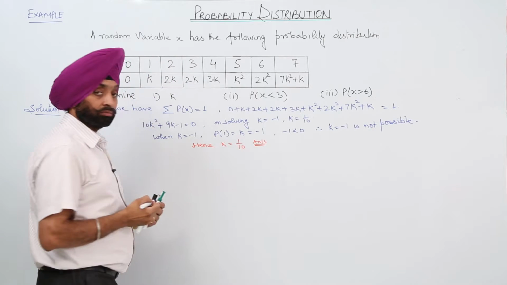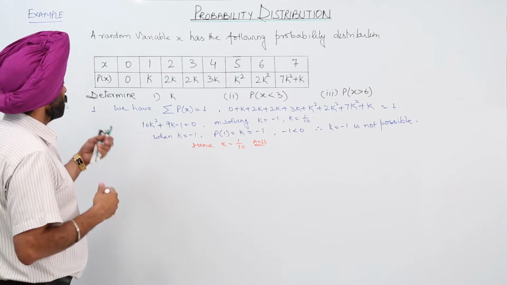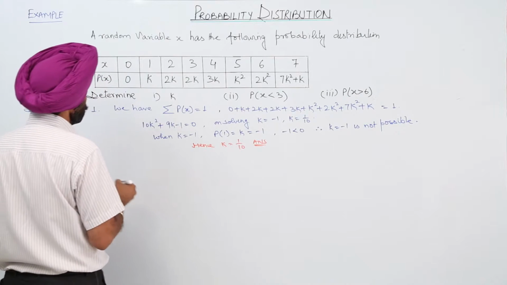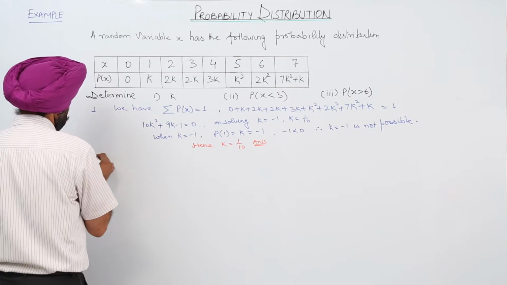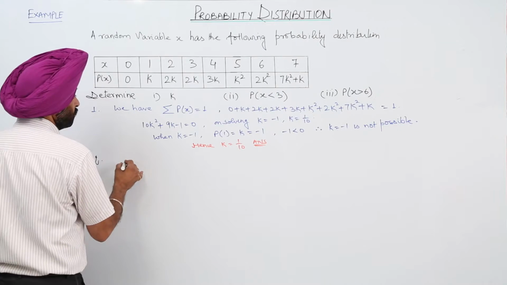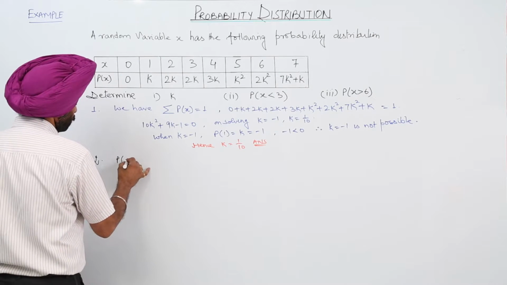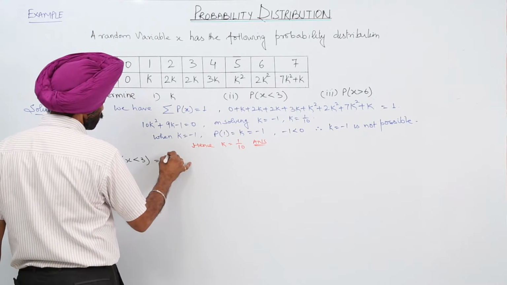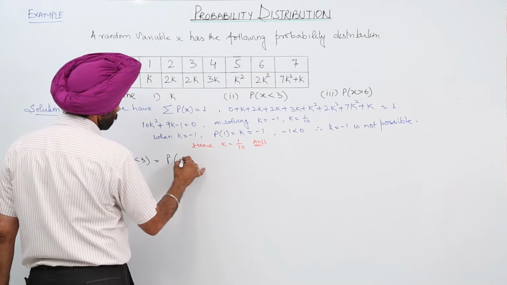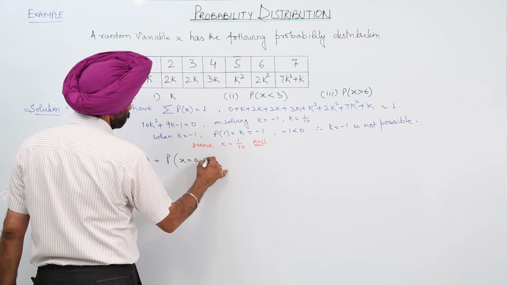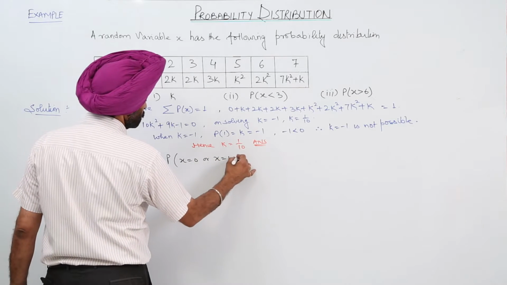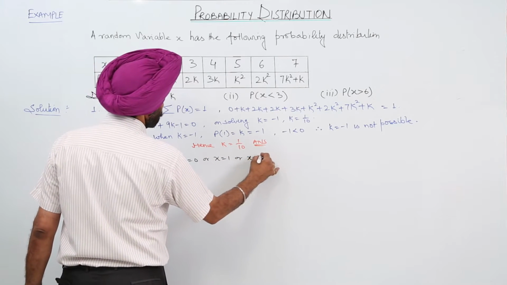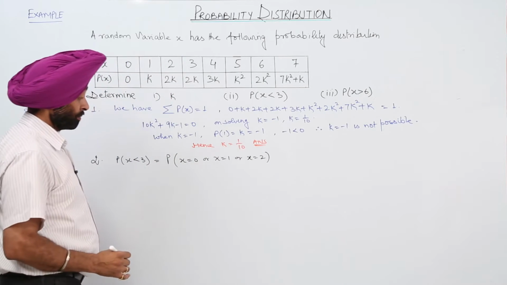Now, this was simple, to explain how to write it. Now, number 2. Number 2 is the probability for x less than 3. This can be written as the probability for x equal to 0 or x equal to 1 or x equal to 2.